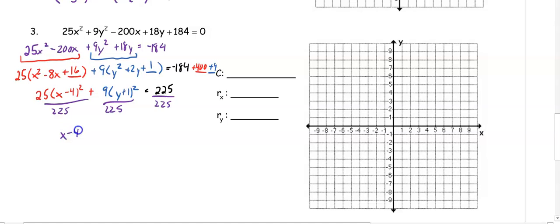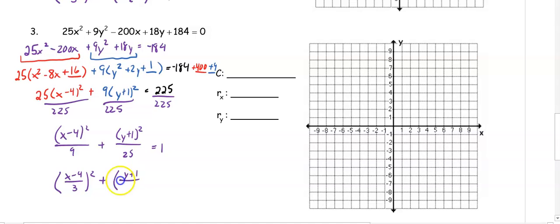So we get (x - 4)^2 over 9 plus (y + 1)^2 over 25 is equal to 1. We need to take the square root of those numbers to get them in the parentheses. So we have ((x - 4)/3)^2 plus ((y + 1)/5)^2 equals 1.